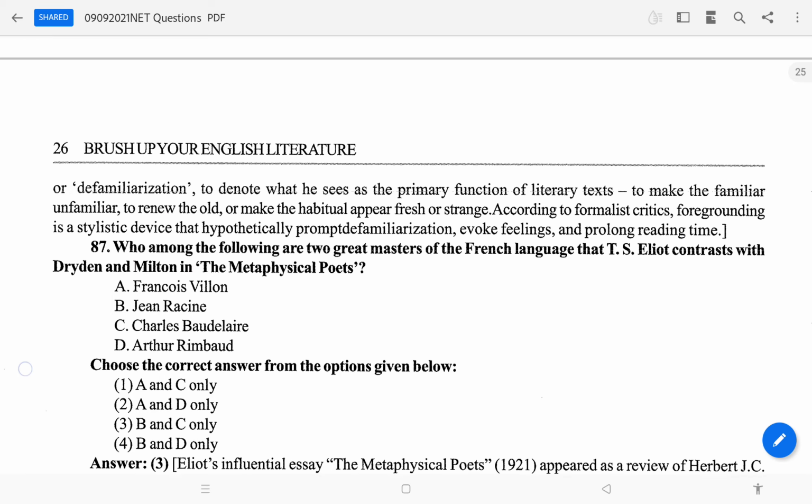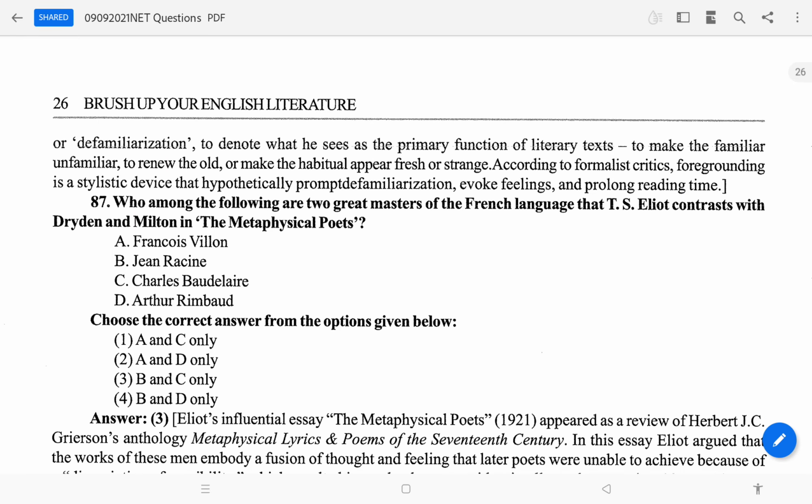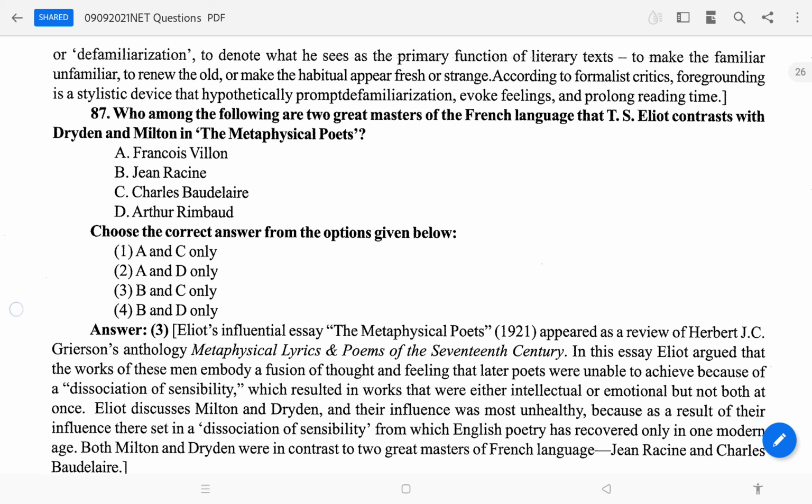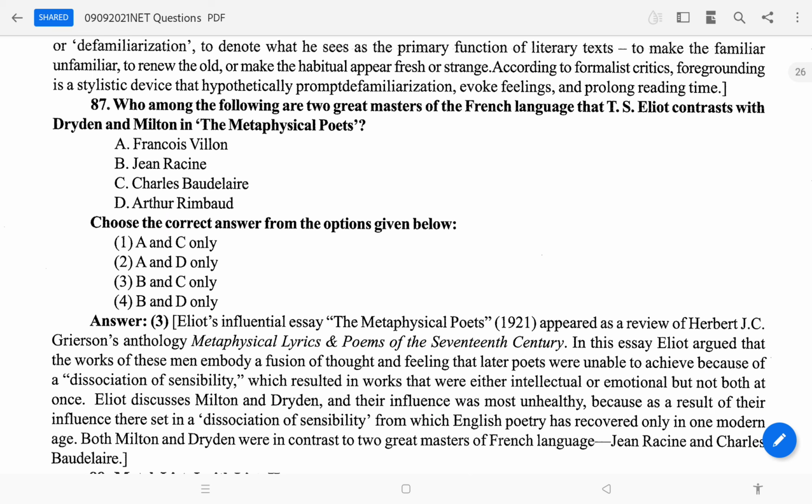This is called foregrounding. So let's see the next question. Question number 87. Who among the following are the two greatest masters of the French language that T.S. Eliot contrasts with Dryden and Milton in the metaphysical poets?